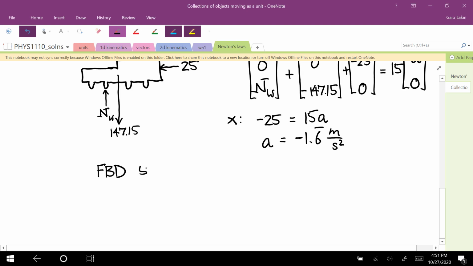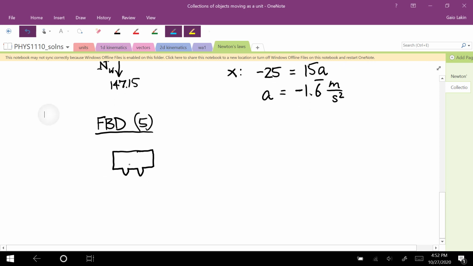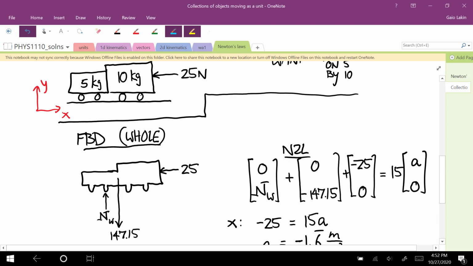So a free body diagram of the 5 kilogram cart. There's a weight force of 5 times 9.81, so 49.05. There's a normal force on the 5, I'll call that N5.